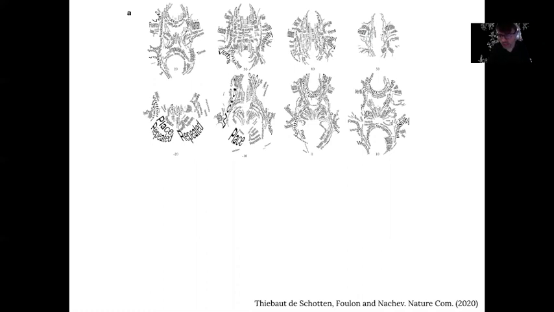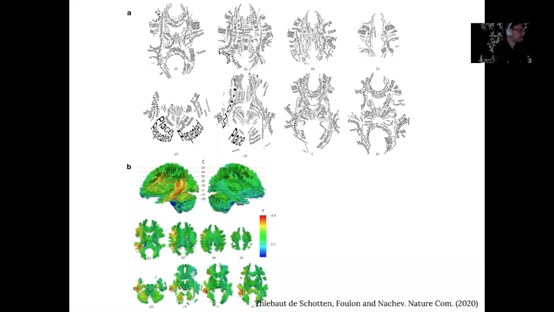The next question that we had really is how strong is this result? So we looked at what we call the effect size. The effect size indicates how much of the variance of the task-related activation is explained by your model.